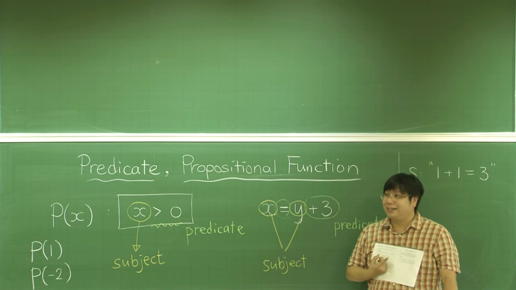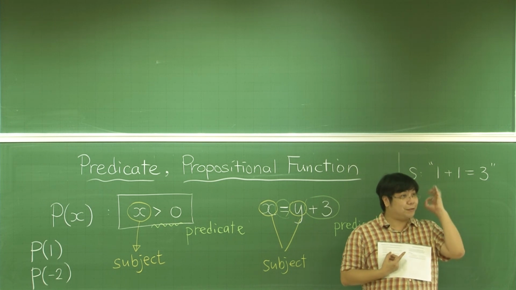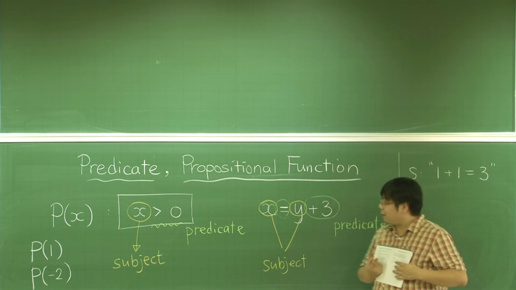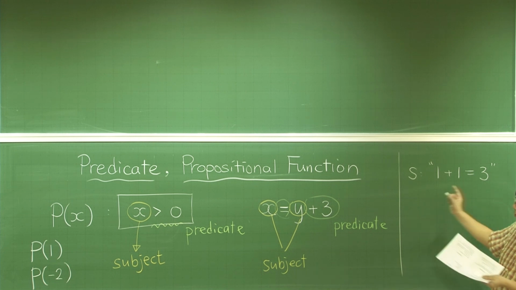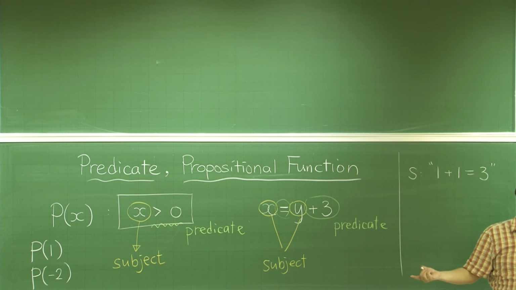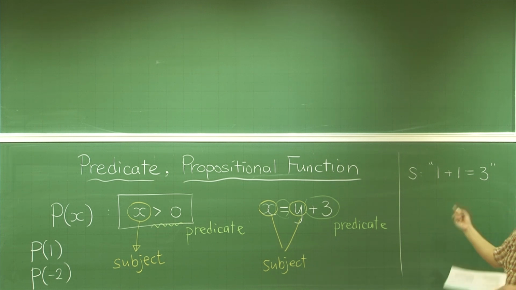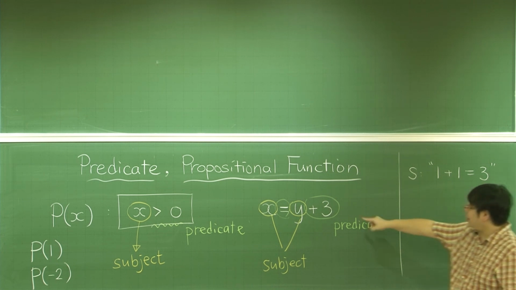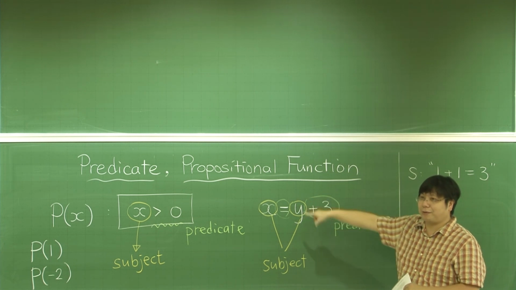Is that okay? So a very simple concept, but you understand that, okay, then whenever the value of x is fixed, then it becomes a proposition. So that's why we call it a function, and that's why we call it a propositional function, because it generates a proposition.